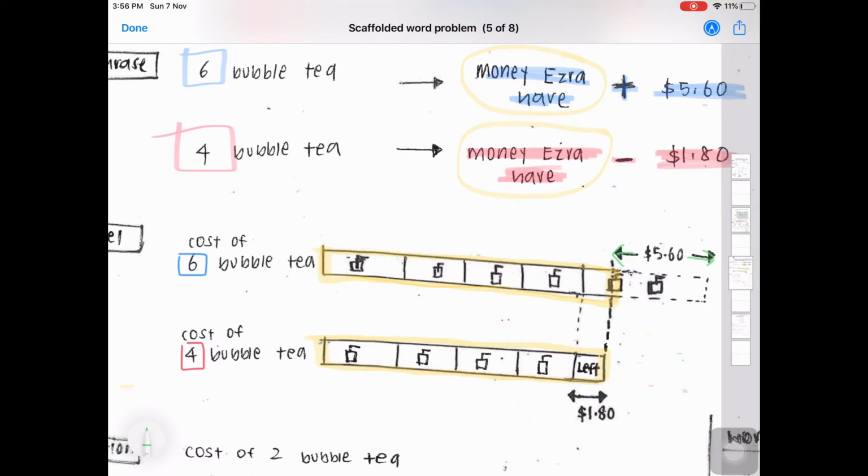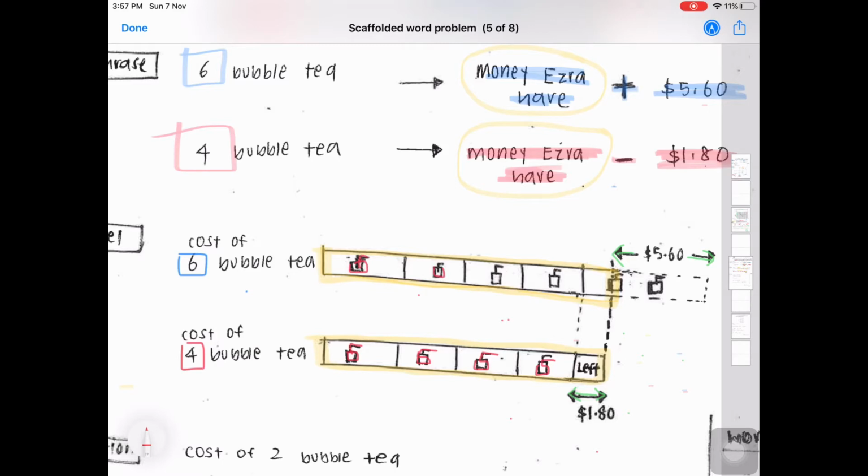And if he were to buy 4 cups of bubble tea, he will be left with $1.80. So we can see that each unit represents a cup of bubble tea, here is 1 cup, here is 2 cups, 3 cups of bubble tea, 4 cups of bubble tea. He can buy 4 cups of bubble tea and is left with $1.80.